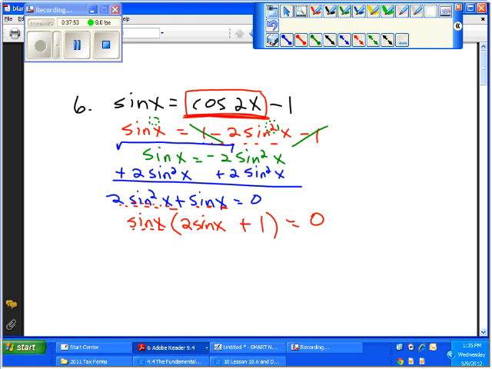We've got 2 factors equal to 0, so we're going to set each factor equal to 0 and solve. So either the first factor of sine x is equal to 0, or the second factor of 2 sine x plus 1 is equal to 0. And so we're going to say the sine of what is 0?